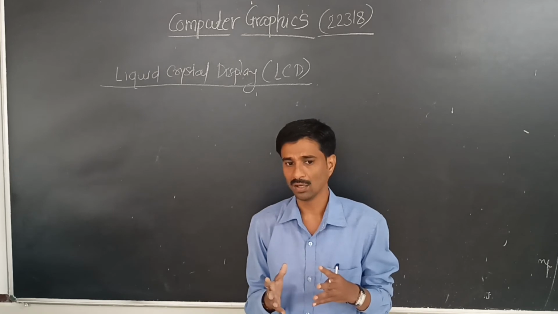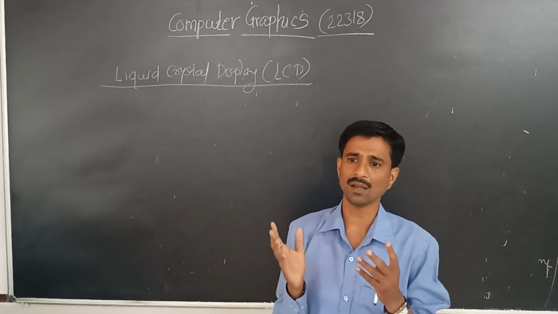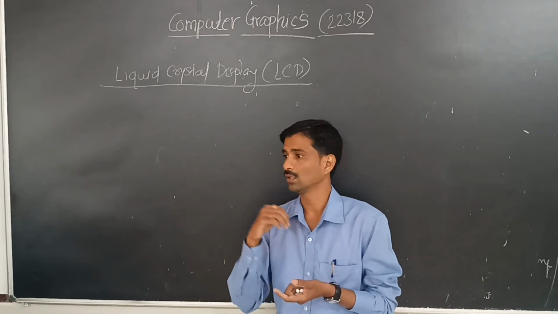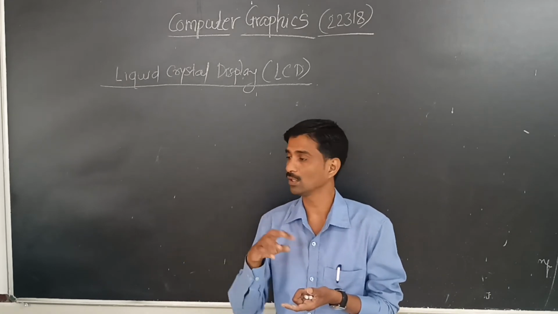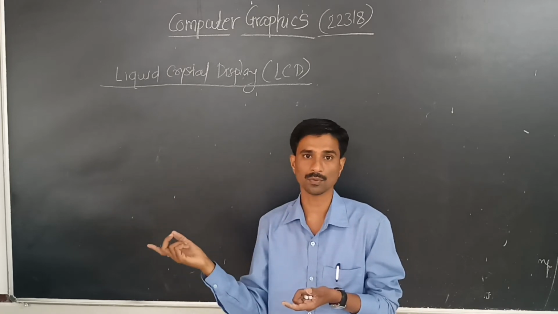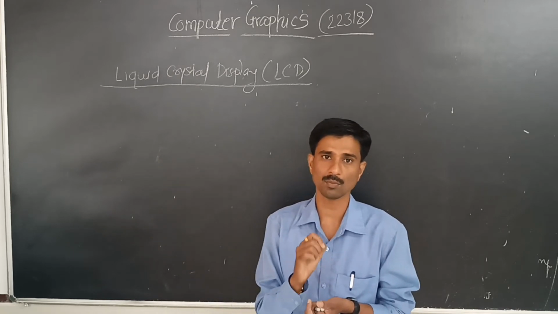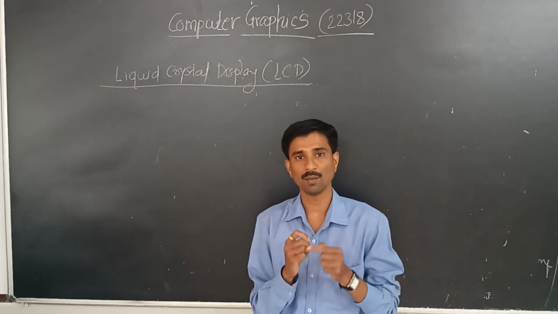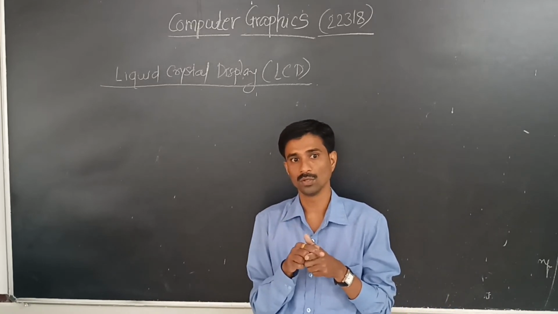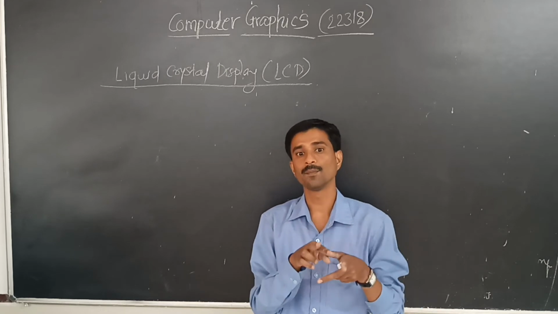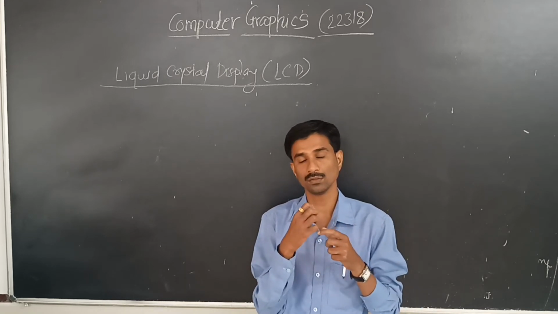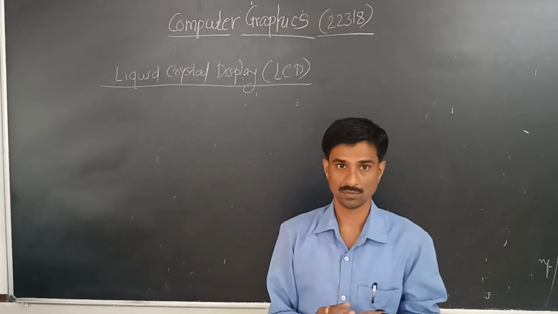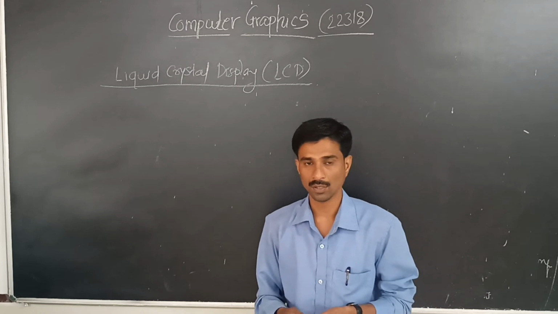If they are not aligned, or if the crystals block the light, it is not possible to obtain an image, as the light will not pass from one polarizer to the other. So the basic fundamental is that there should be alignment of the molecules such that the desired amount of light is passed from one polarizer to the other polarizer.